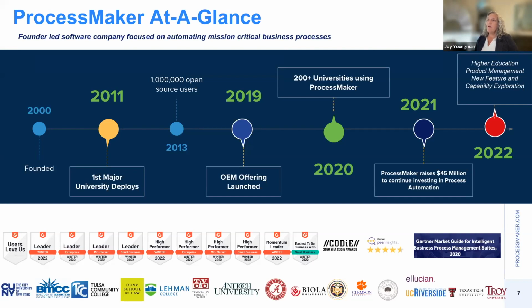So we now have approaching 250 universities using ProcessMaker today. In 2021, we raised some funding and got some venture capital. And this year, ProcessMaker has put a focus on creating a higher education practice. That's where Kevin and I have joined the company, to create awareness and a larger reach inside higher ed, and not just through Ellucian.